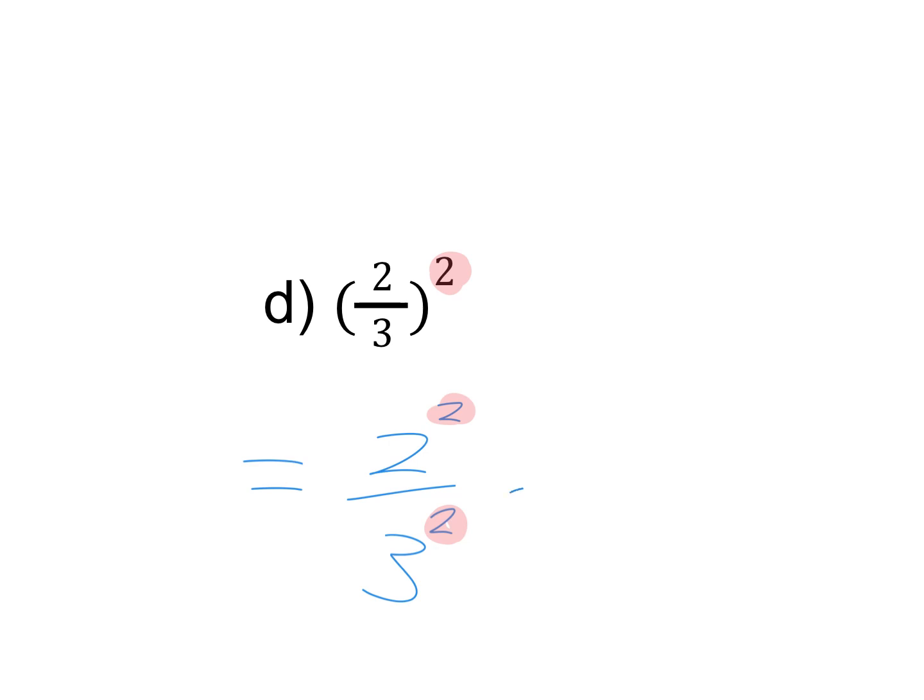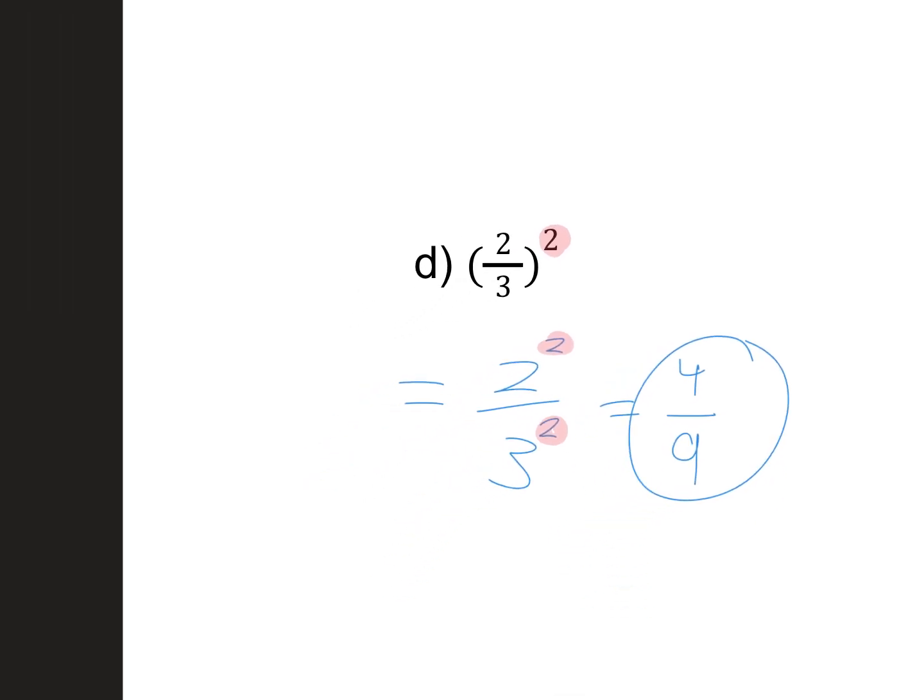So if I do this, 2 to the power of 2 is 4. You can use your calculator if you're not sure. And 3 to the power of 2 is just 9. In case you need a little refresher, remember 2 to the power of 2, we're basically just going to multiply 2 two times. Same thing, 3 to the power of 2, we're just going to multiply 3 two times.